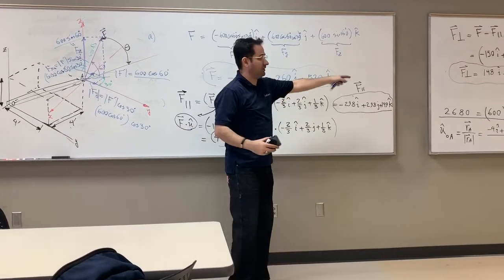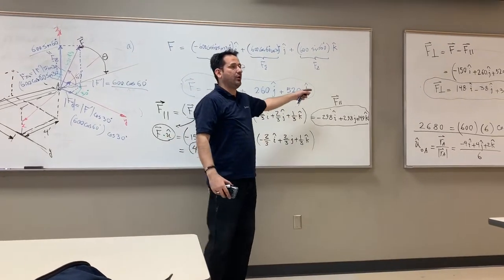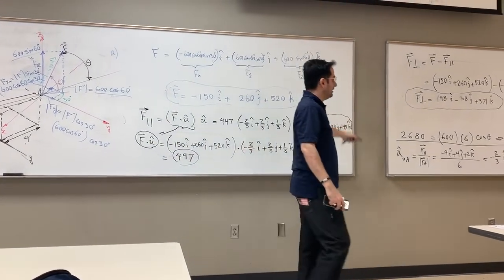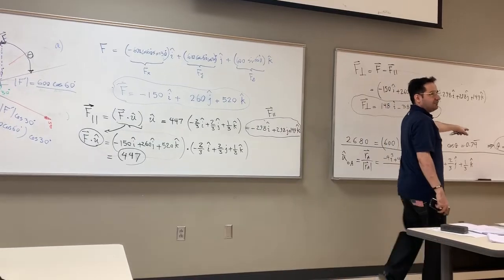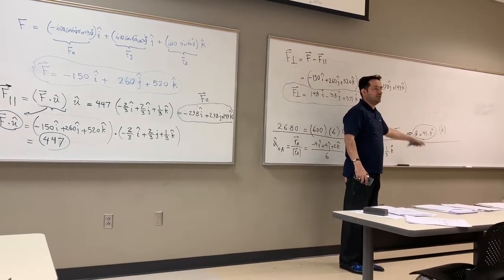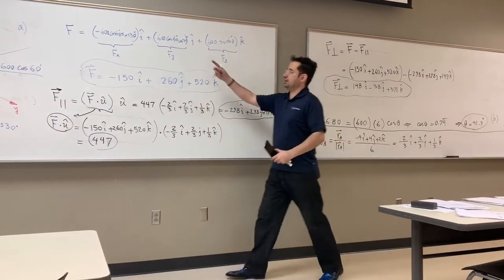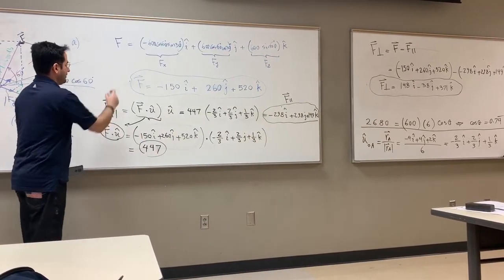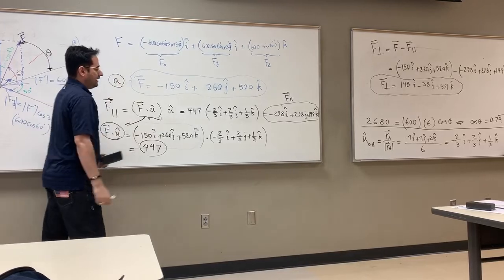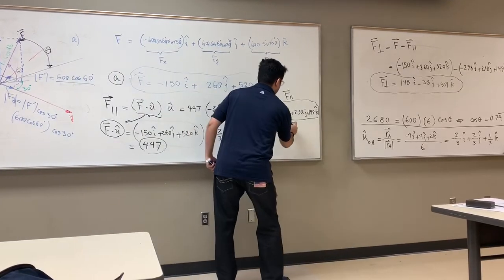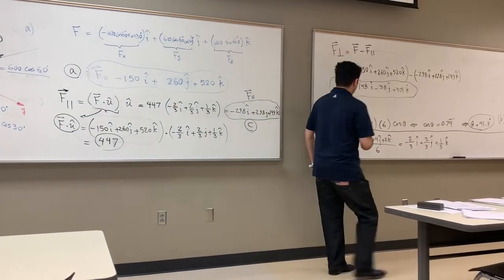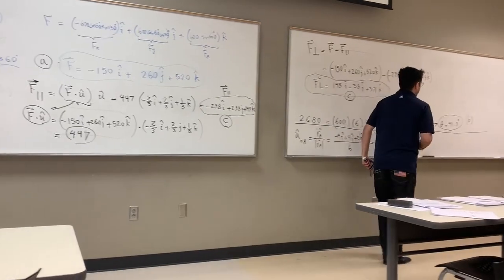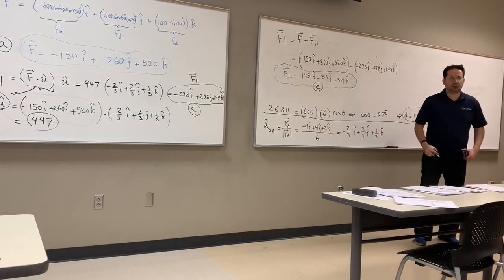So this is the answer to part C. And the angle is 41.9, part B. And the vector is this, part A. So this is the answer to A, the answer to C, and this is the answer to B. All right.